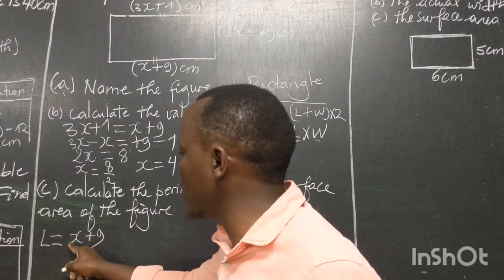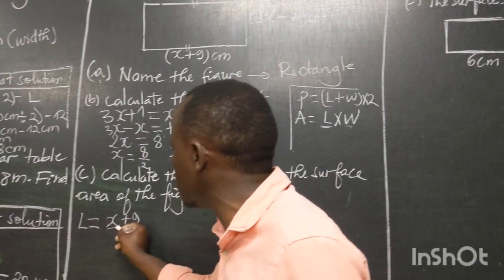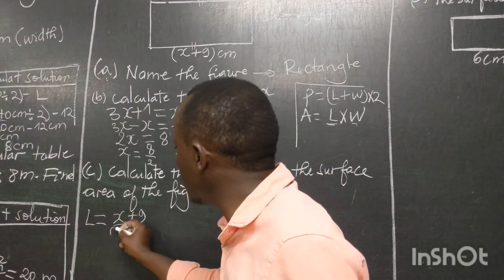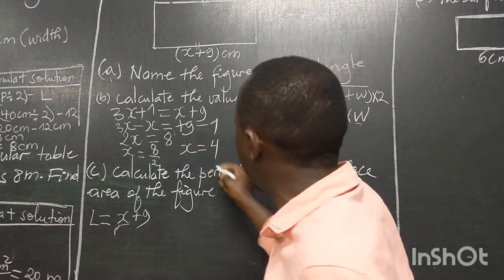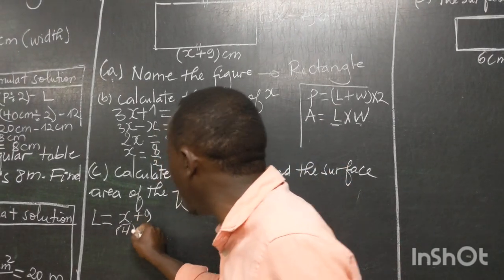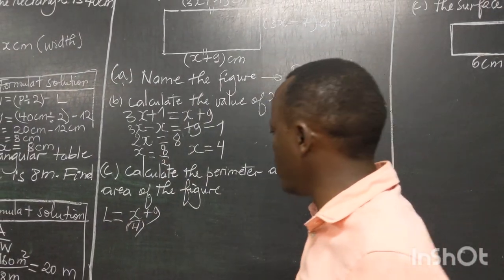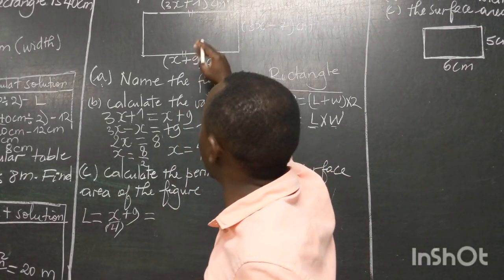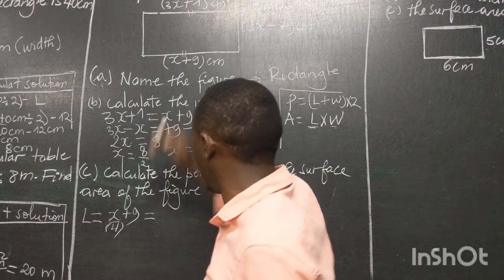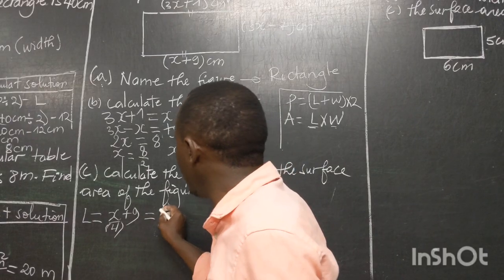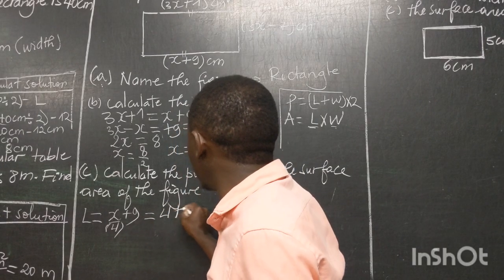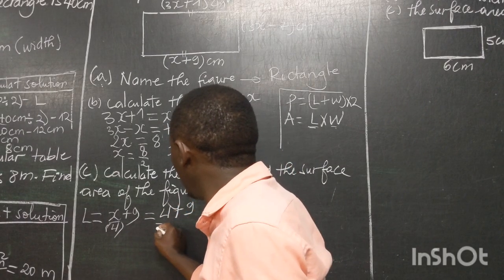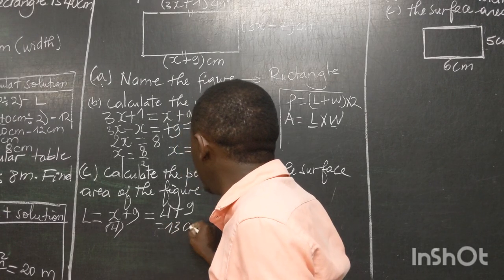We have said that x is 4. So it is 4 plus 9, which is equal to 13 centimeters.